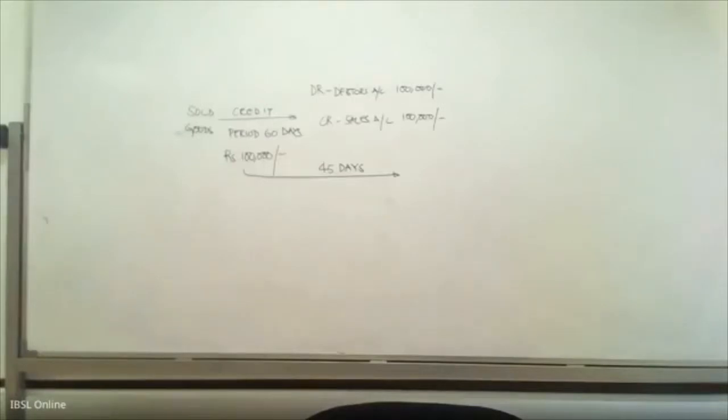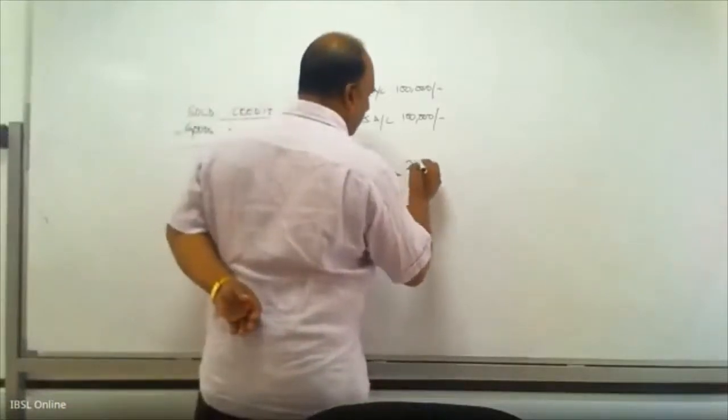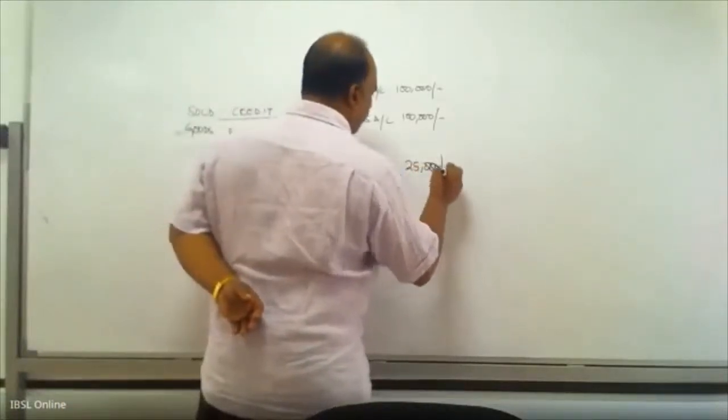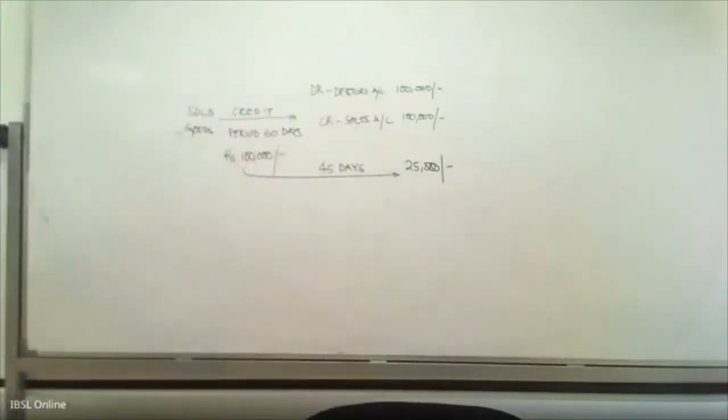Let's say with this COVID-19, he is going to face certain difficulties. And as a result, he says that he is unable to pay this 100,000, but instead, I will pay you 25,000, and let me have a little more time to pay you the balance 75,000.